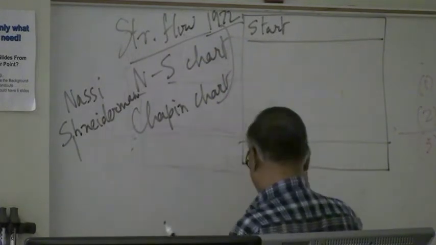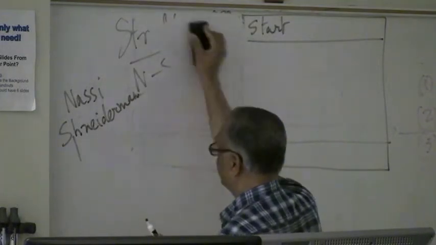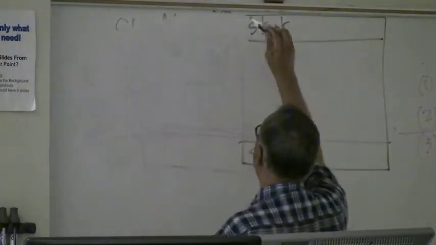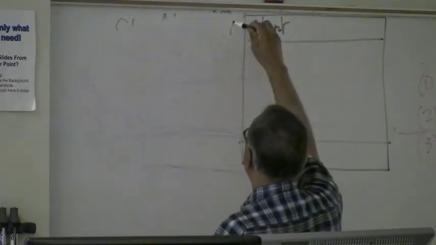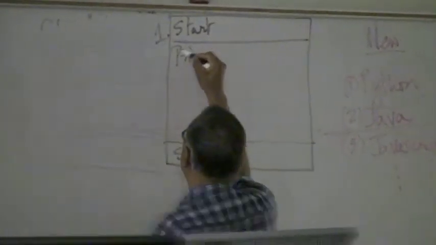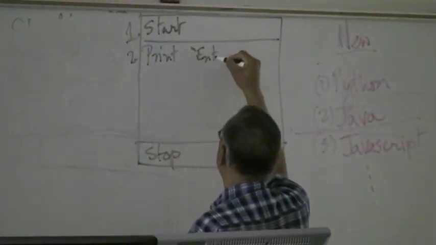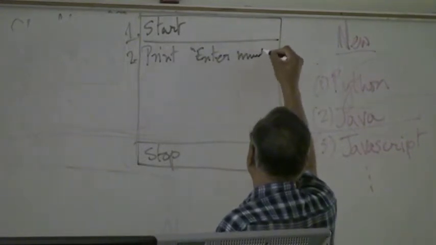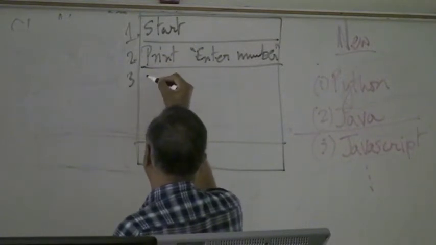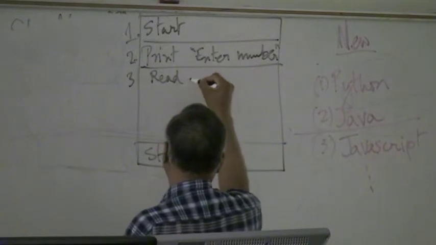And it's a good idea to number these boxes so you can trace through. I'll do that, in fact. It's a good place to start. So this will be number 1, right? And number 2 will be the print, enter a number. Number 3 will be the get or read or whatever you call it.